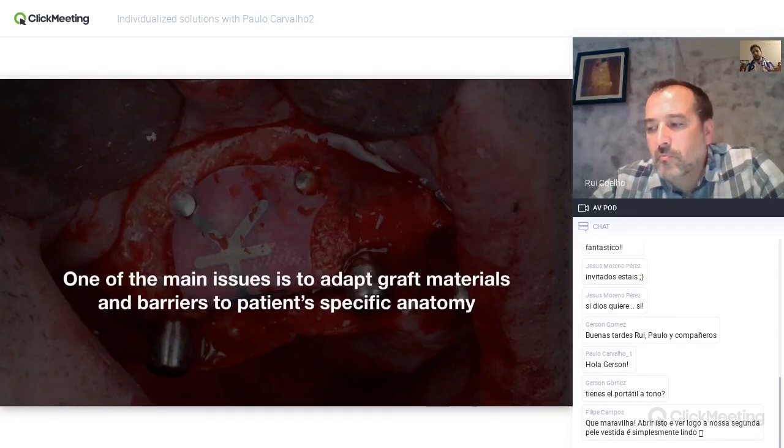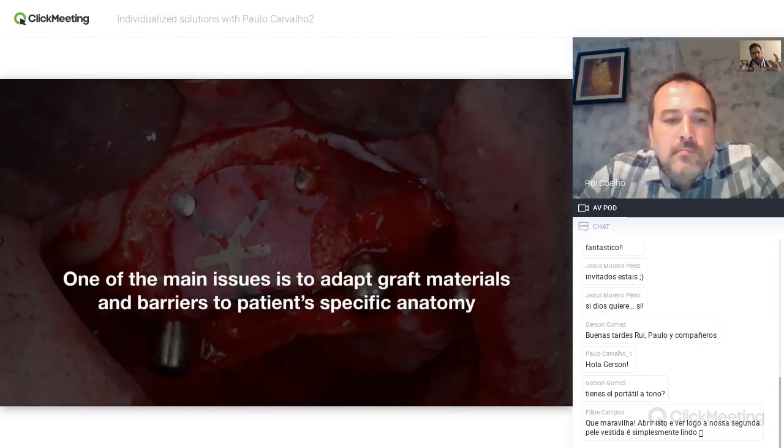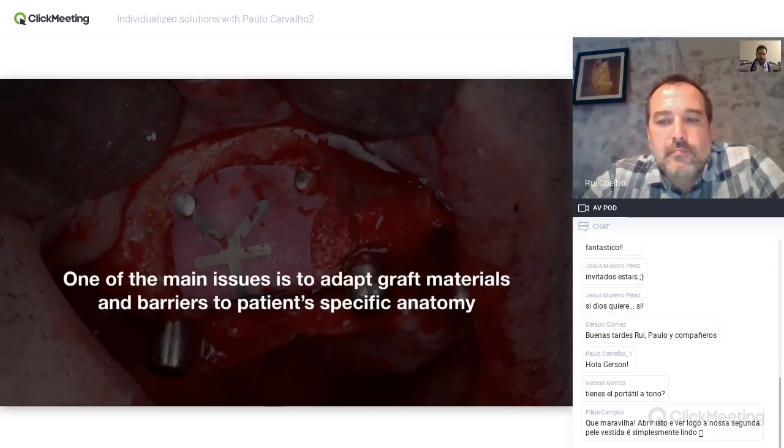I was having troubles in bending and folding the specific membrane to have the proper anatomy of the scaffold, or I was having trouble in adapting the graft material, packing the graft material. It could be too packed or too loose, or not properly excluded from the soft tissues.